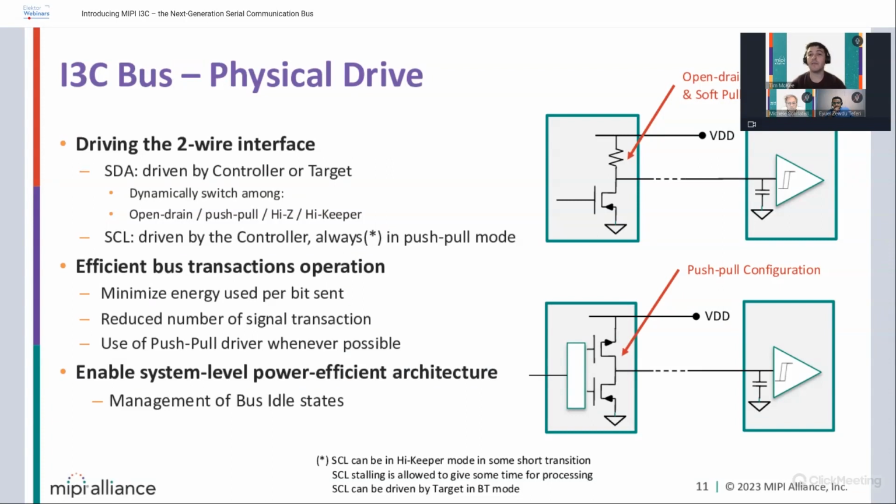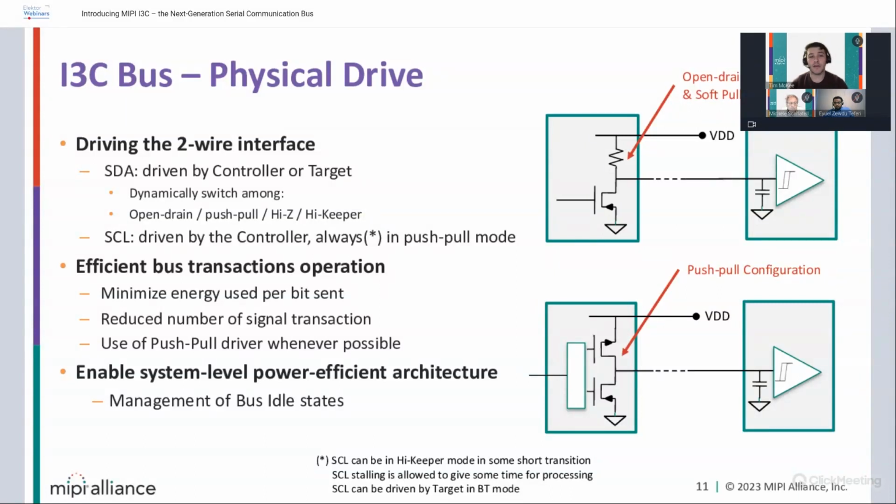Our controller is the manager of the bus. A target would be something like a sensor that it is trying to communicate with. So both can drive data. And that bus will dynamically switch between open drain, push-pull, high-Z, and high keeper, all in order to keep the efficiency and power in check.